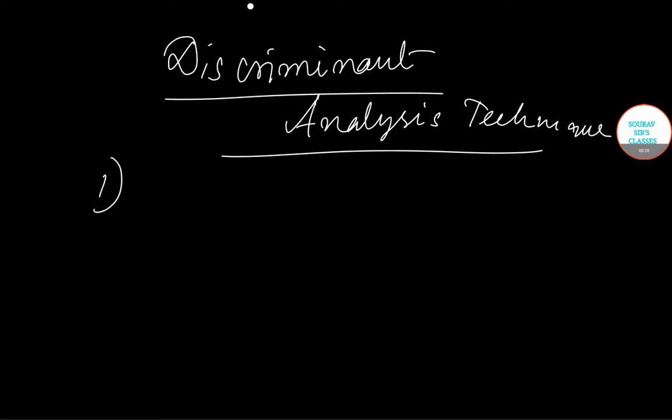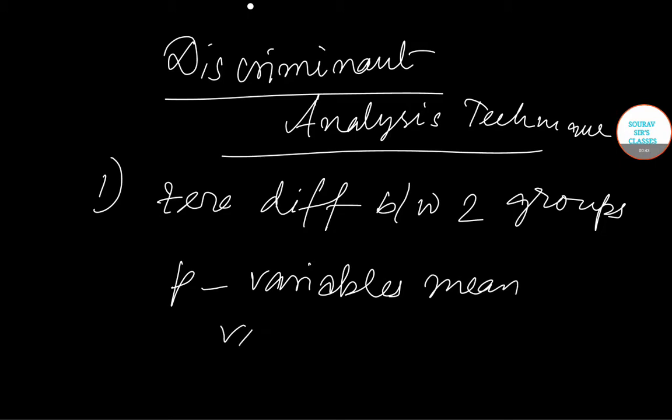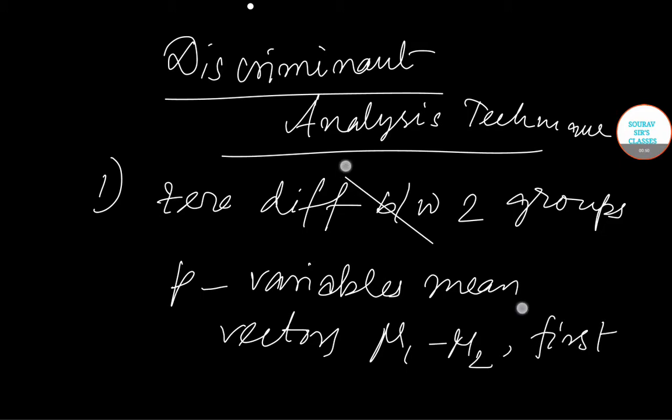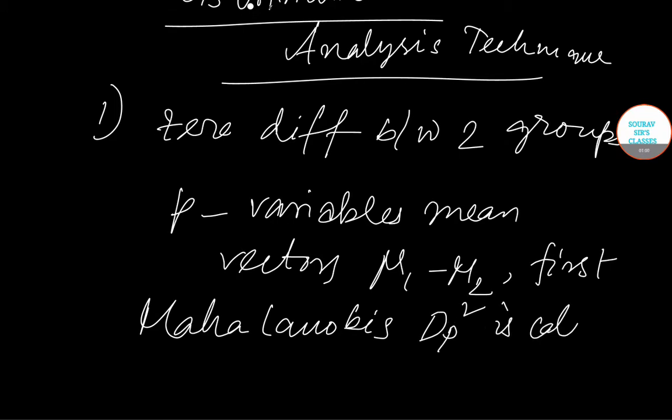To test the hypothesis of zero difference between two groups, with p variables and mean vectors mu1 minus mu2, first the Mahalanobis Dp square is calculated.